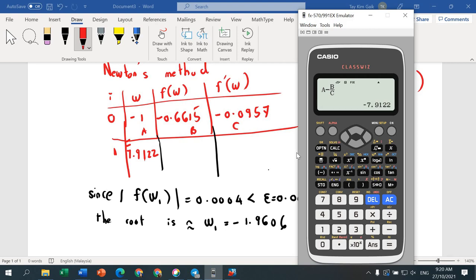Okay, and you proceed to calculate FW1. Okay, this one. Negative 7.9122, 0.4609.